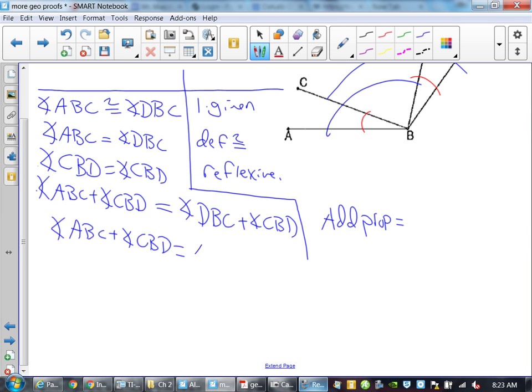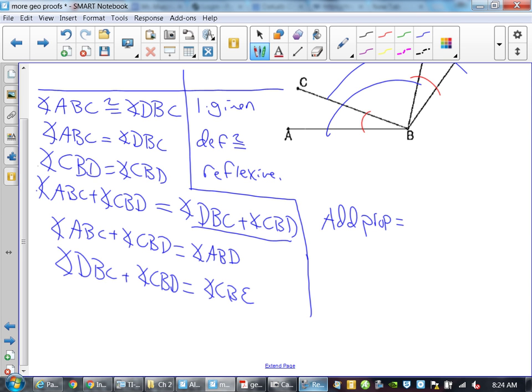ABD? And the same thing here. These two angles equal, what was it, CBE. And both of these two were just angle addition.